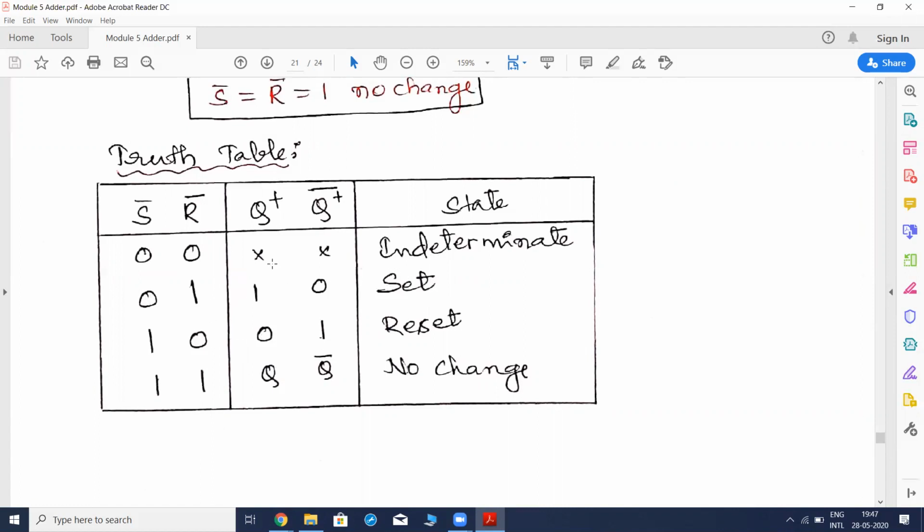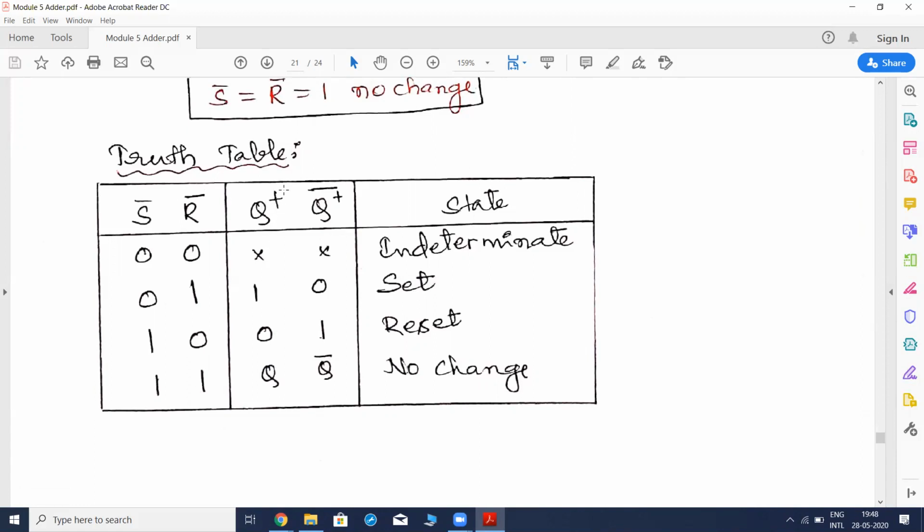We'll see the third row. In the third row, we have S bar is 1 and R bar is 0. Here we are getting Q as 0. This particular state is called the reset state. And when S bar and R bar are both equal to 1, we get Q and Q bar, which represent the previous state, while Q plus represents the present state.